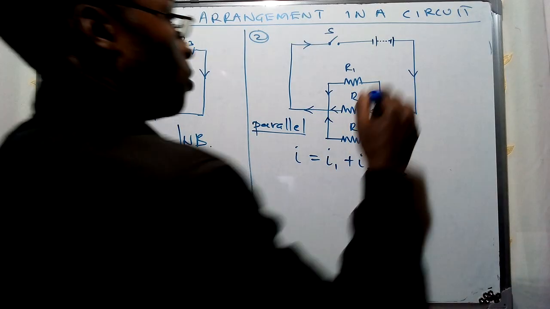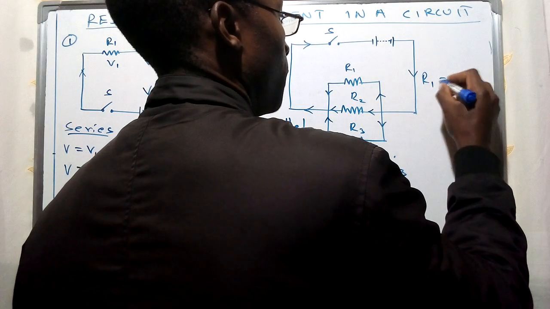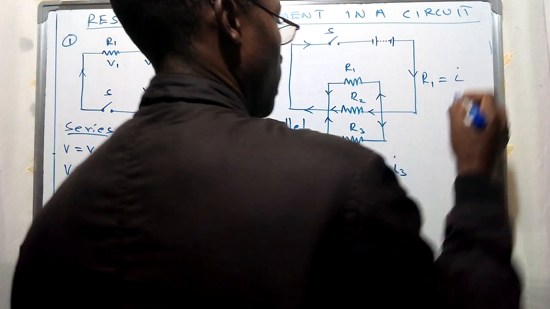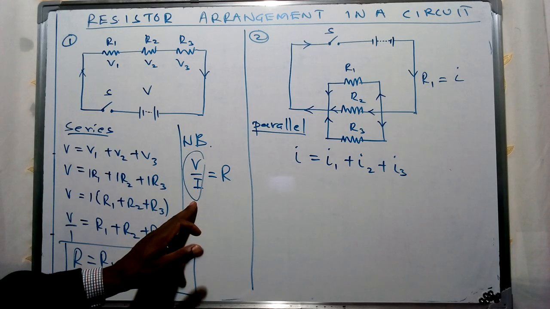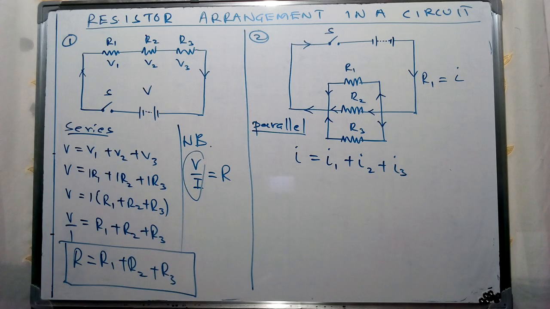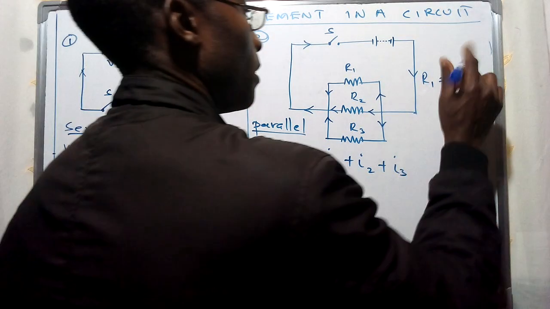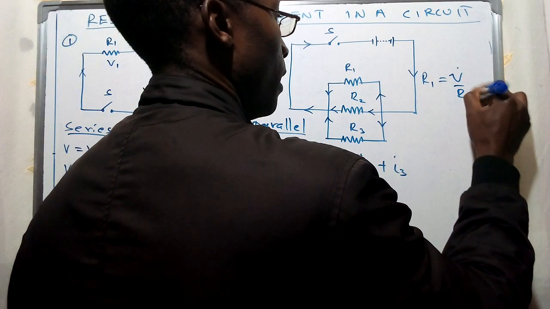Now, in this case, we are going to have I1 given by the ratio V over R1.